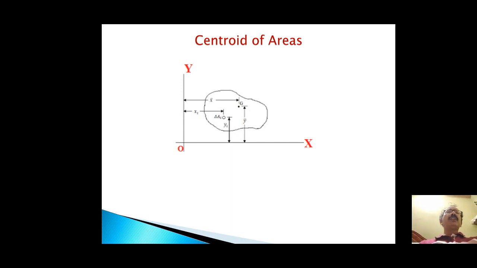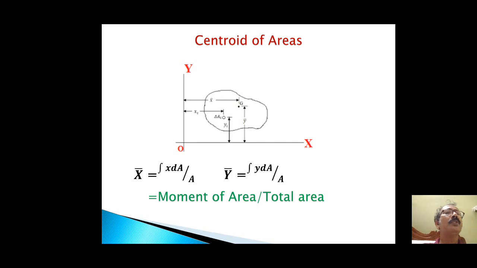The total centroid is the point G, at x bar and y bar from the two reference axes. So x bar and y bar are nothing but integration of x dA by A and integration of y dA by A. That is nothing but moment of area divided by total area.